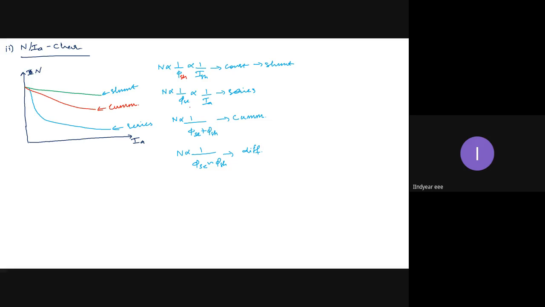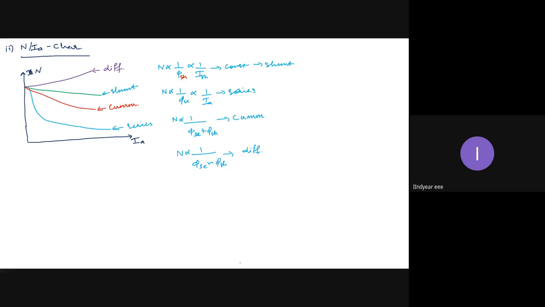So therefore the denominator is decreasing compared to phi SH. Therefore the ratio should be greater than 1 over phi SH. Therefore the differential motor will be having a speed greater than shunt field. Okay, so this is differential. Okay.